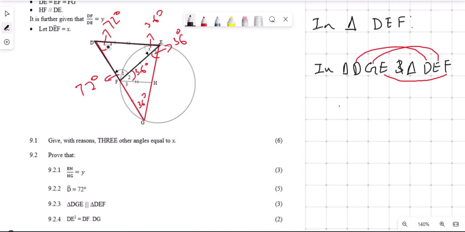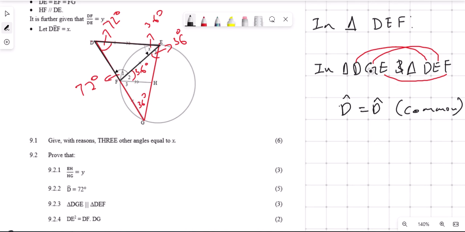Do you see that? The black one and the red one, they meet at D. So we'll say angle D is equal to angle D, common. Now we are done with this one.